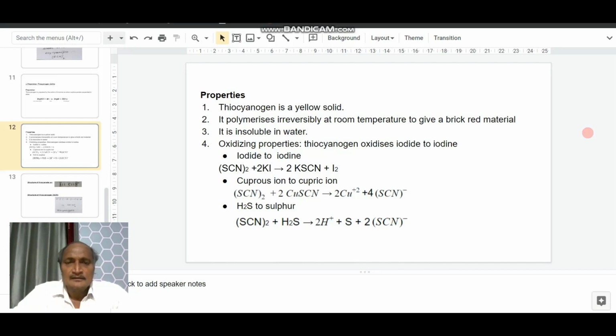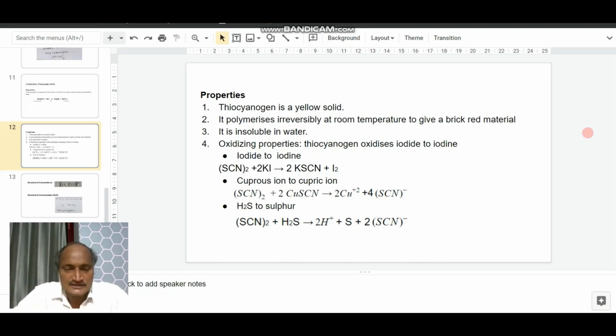and it also oxidizes cuprous ion to cupric ion. That is, when thiocyanogen is treated with 2 moles of copper sulfocyanide, it gives rise to 2 cupric ions, that is 2Cu2+, forming 4 thiocyanate ions.